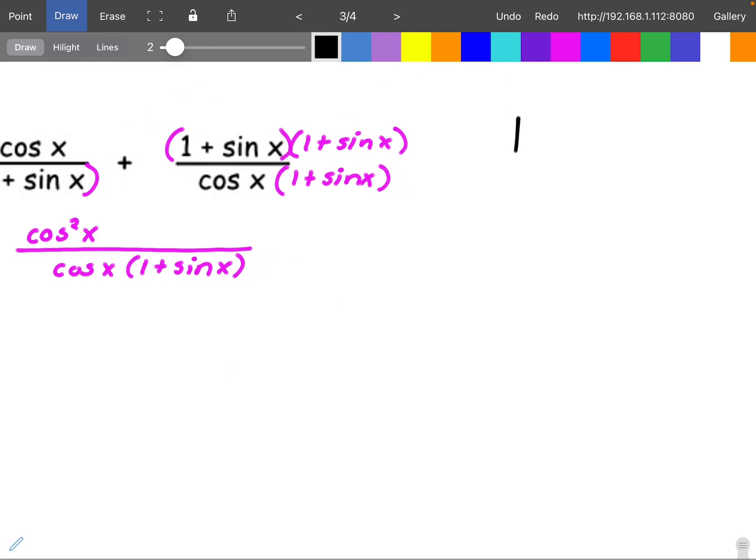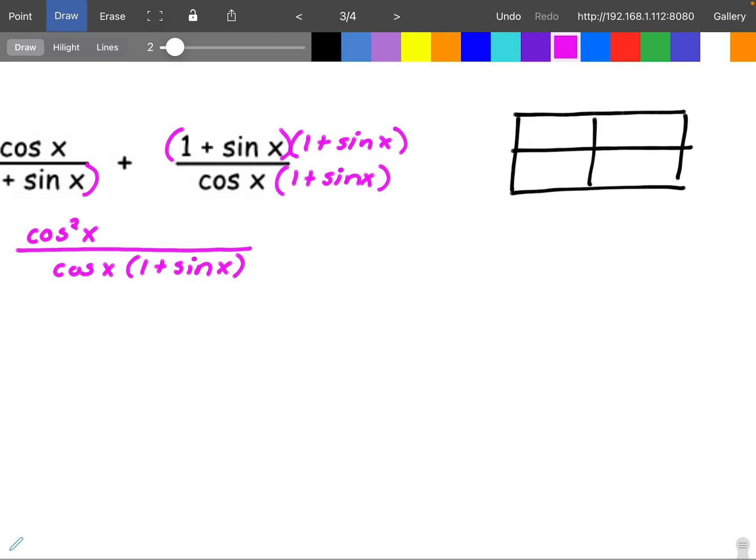So if I multiply this one out, I'm going to have 1 plus sine x times 1 plus sine x. So on the first row, I have 1 times 1, and then I have 1 times sine x. On the second row, I have sine x times 1, and then I have sine x times sine x, which is sine squared x.